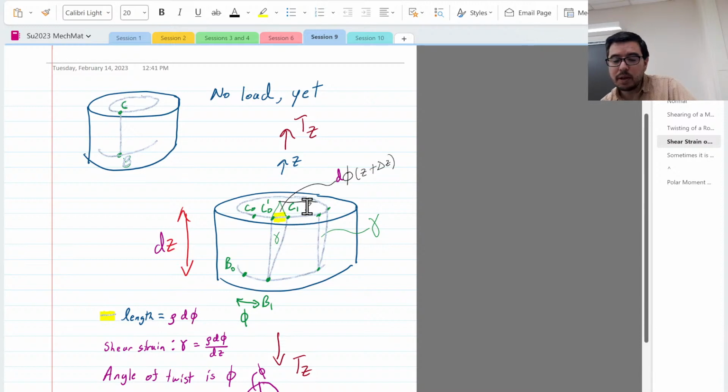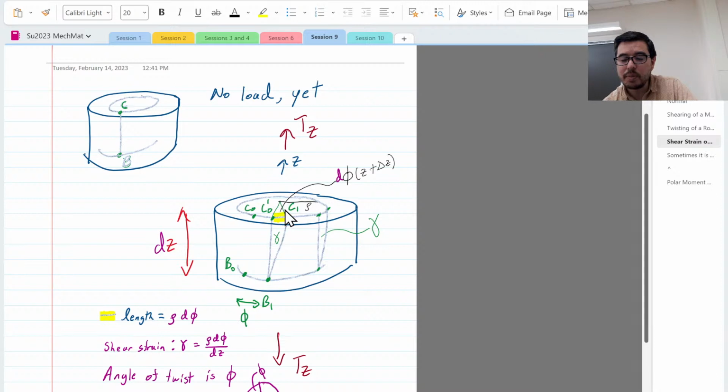Rho is the radius to a specified circle inside the disk, and d phi is not this gamma angle, but the angle against the center of the circle.